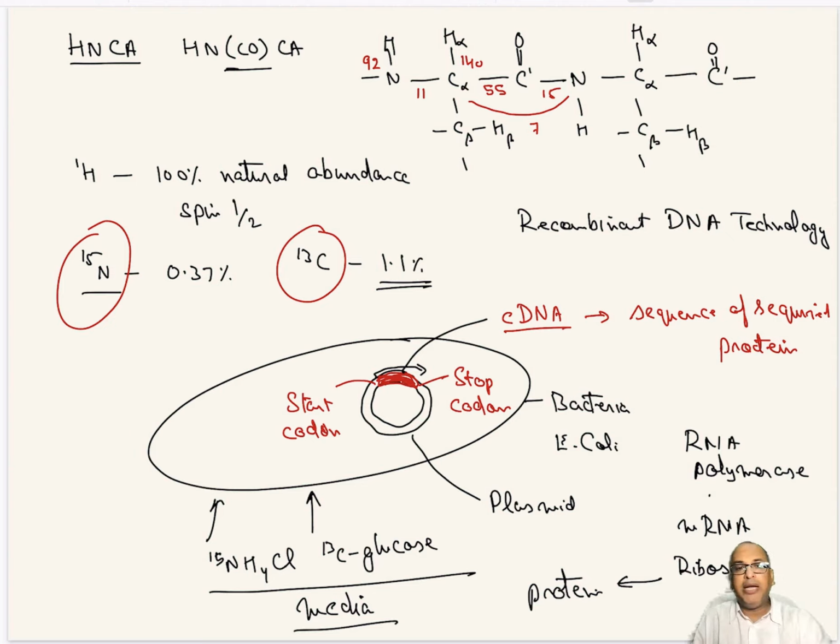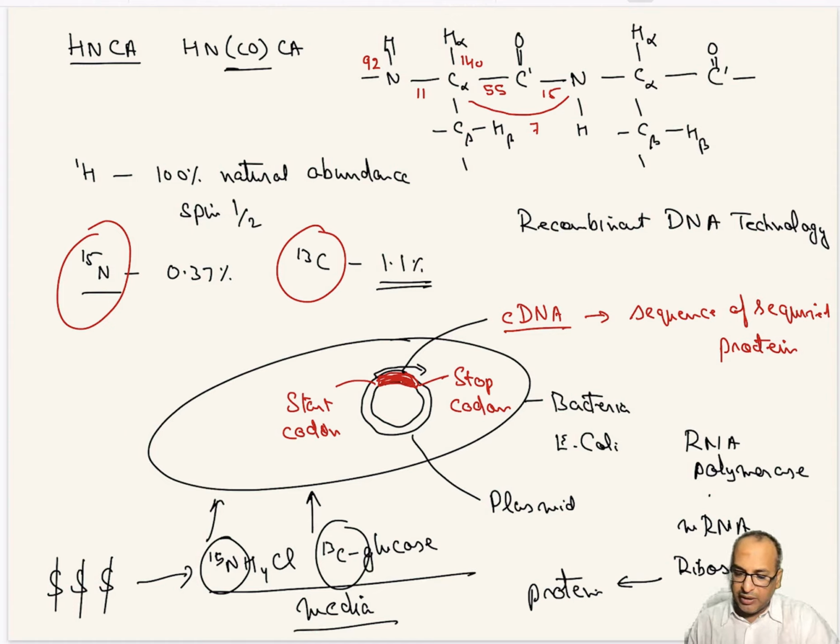This is the only source of nitrogen and the only source of carbon, so all the nitrogen and carbon used by the bacteria will translate into the protein, and the protein will be isotopically labeled with 15N and 13C. That is how we get 15N labeled and 13C labeled protein in our lab. Of course, these are expensive materials. Both require a lot of dollars, of course.